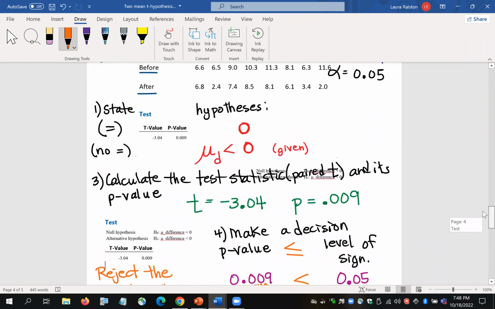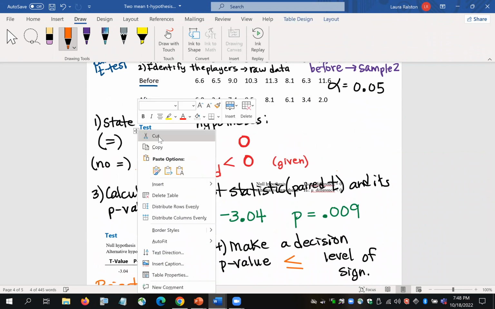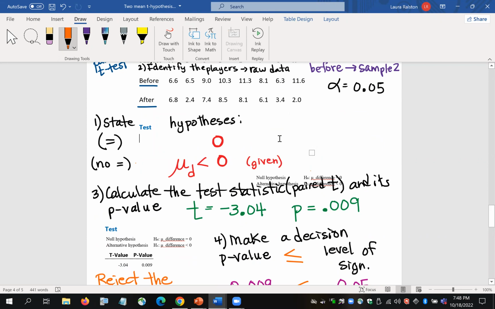If we reject the null hypothesis in this particular problem, that means the mean difference is not greater than or equal to 0, that it actually is less. We reject the null. Remember, that means the null is false or invalid, and the alternative is true or valid.